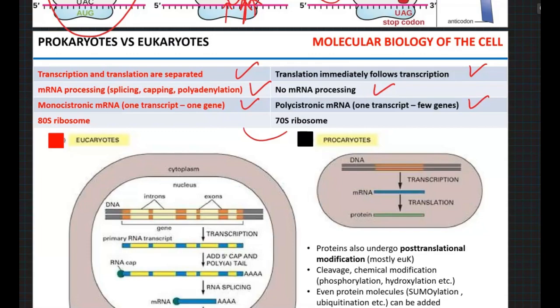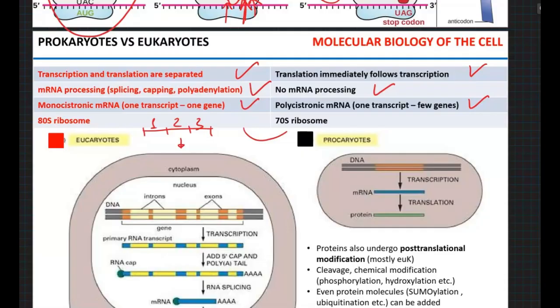So imagine you have 3 genes, 1, 2, and 3, in a eukaryotic organism, right? Does that make sense? In a eukaryotic organism.